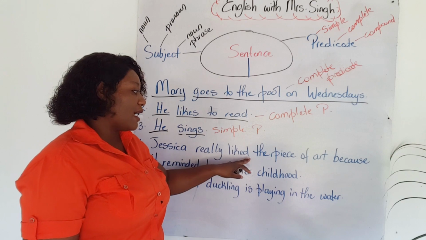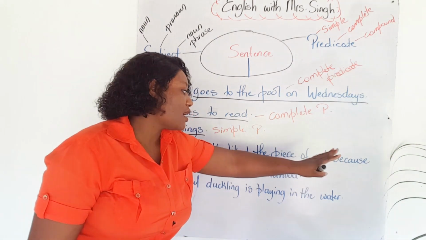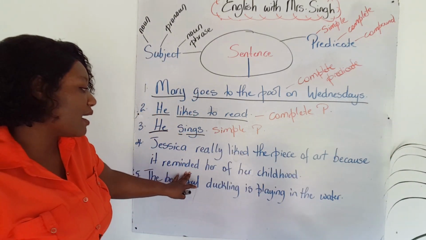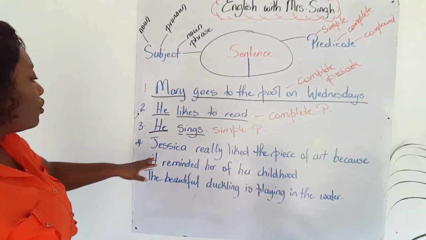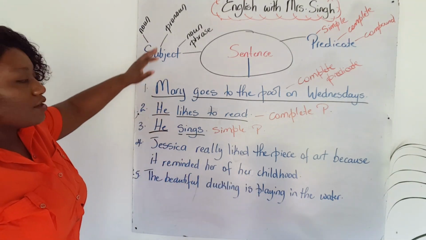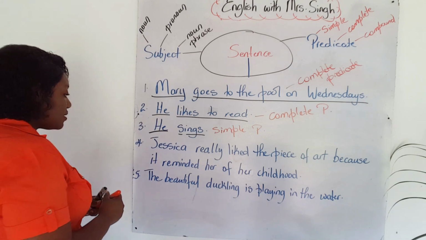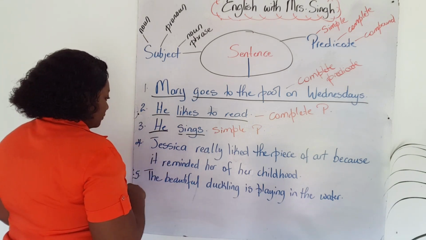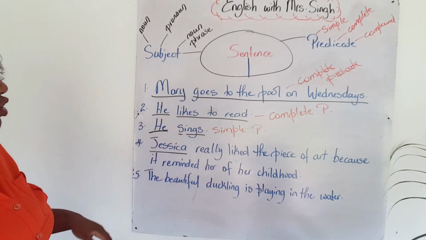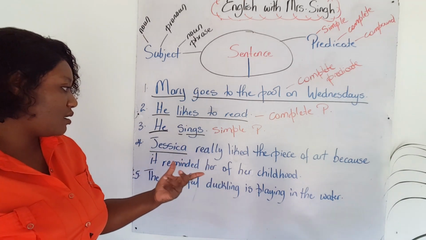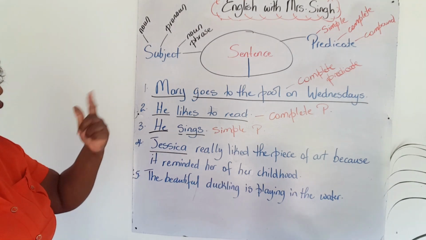Jessica really liked the piece of art because it reminded her of her childhood. Now, Jessica is a noun because it's naming a person. Now, what part of this is our predicate?